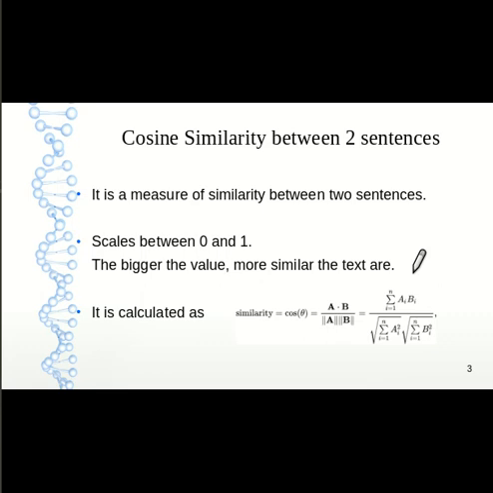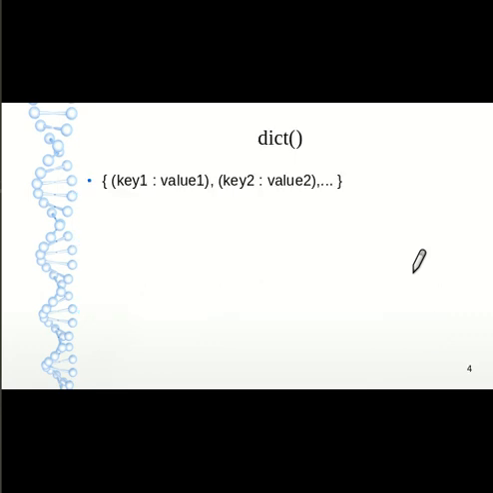Now let us go into the implementation. Here we are implementing this using Python. We are mainly making use of the dictionary, which is a built-in data type in Python. The reason we use it is that we can define both the key and the value. For example, in C we have an array.